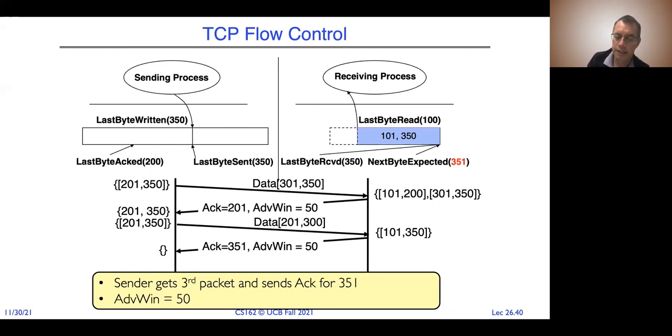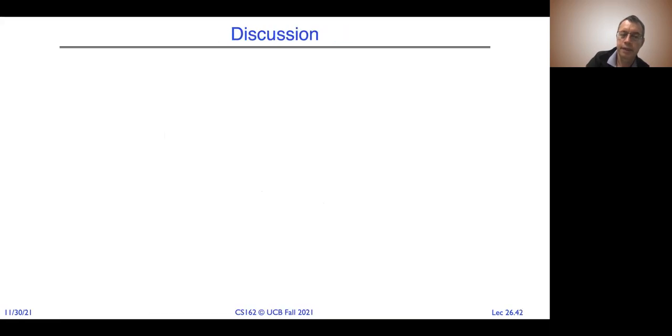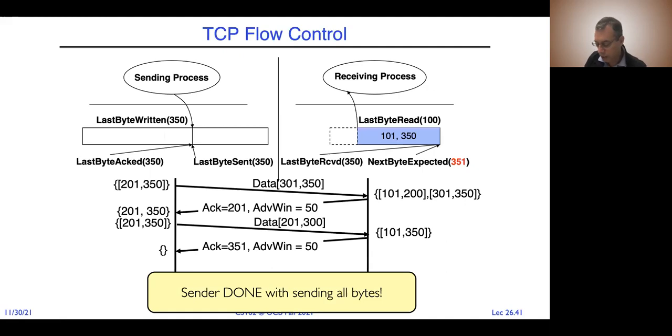The advertised window is still 50. And now when the sender gets acknowledgement 351, it can remove everything from its buffer because all the data it sent was acknowledged. So now we are done. Any questions?